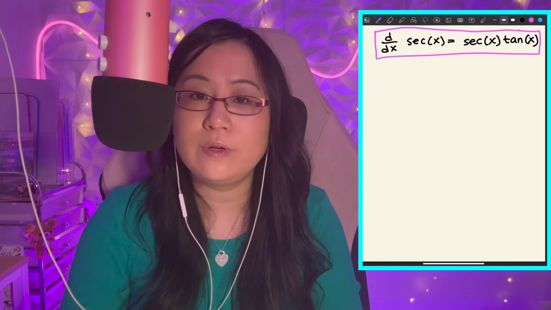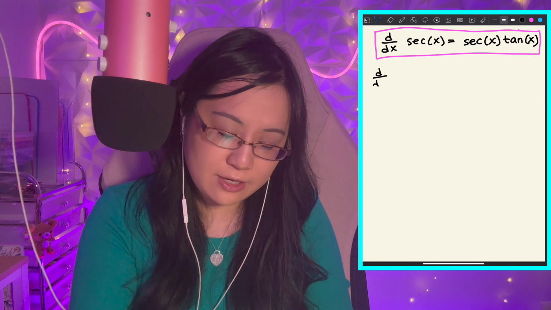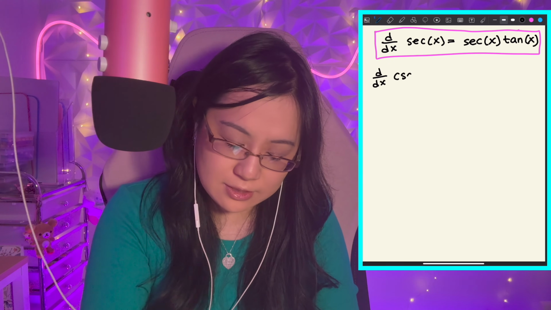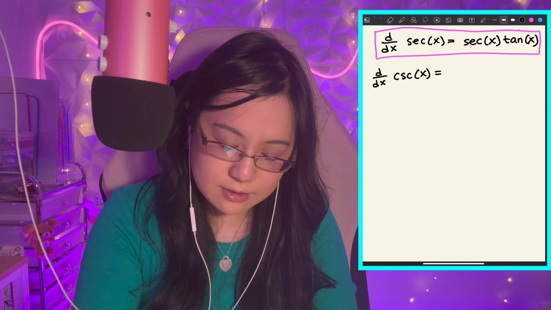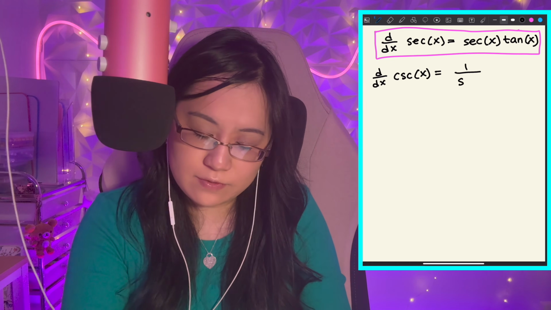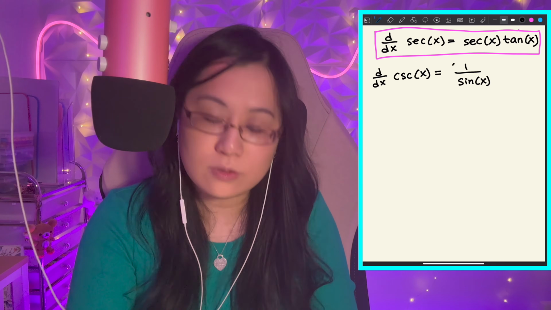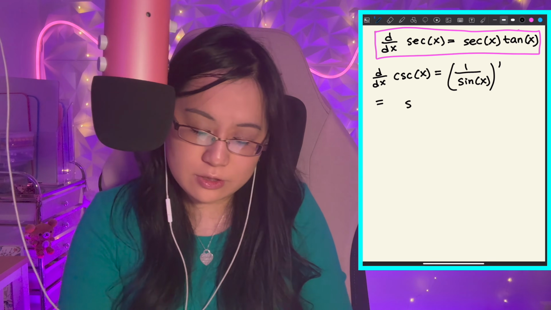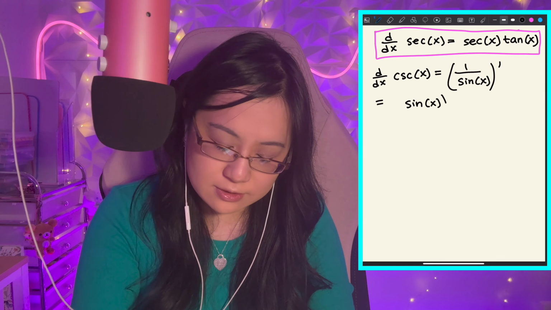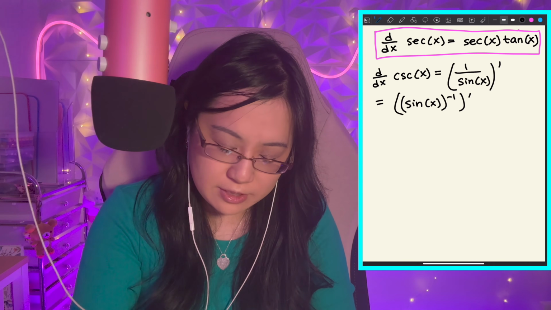Now we can do cosecant, and it's the same exact process, or that's what I'm going to do today. So let's get that practice in again. Cosecant of x is 1 over sine, so we're taking the derivative of 1 over sine. I'm going to do the chain rule again, so I'll write that as sine of x inverse, prime.